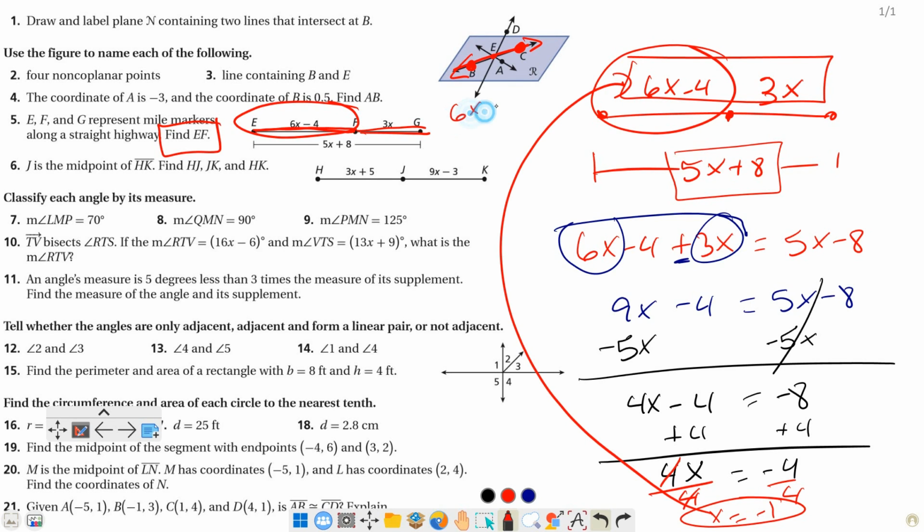It's 6 times negative 1 minus 4. 6 times negative 1 is negative 6 minus 4. They're both negative, so we add them together and keep the negative, so negative 10. So how long is EF? EF is equal to negative 10.